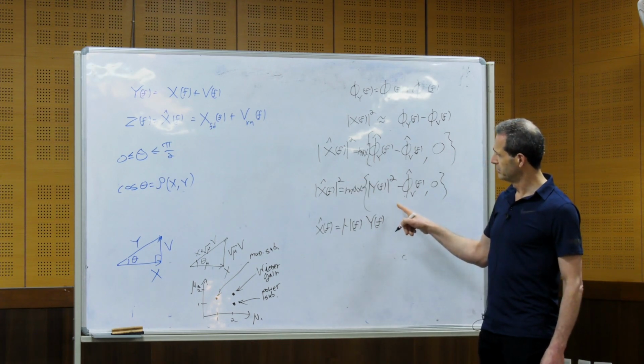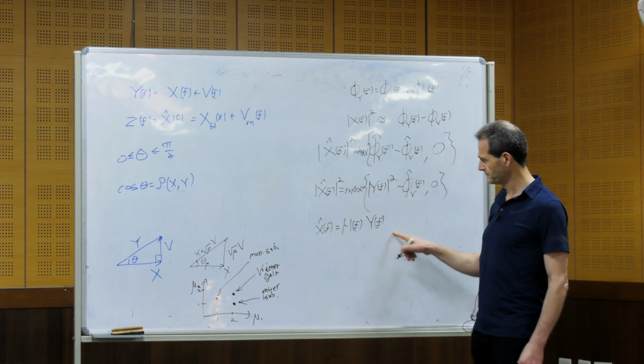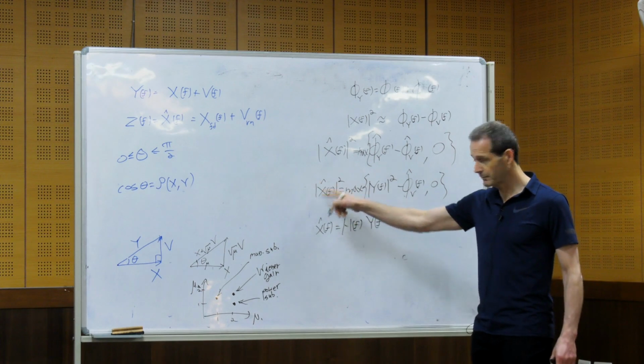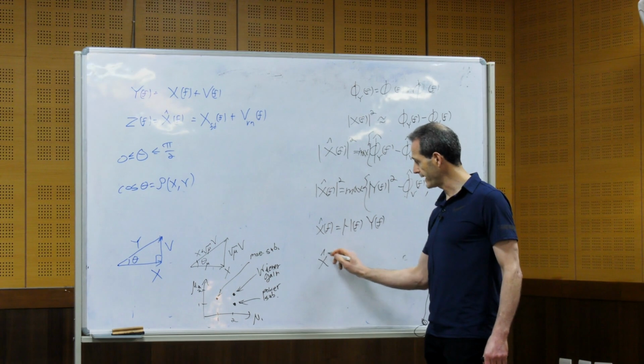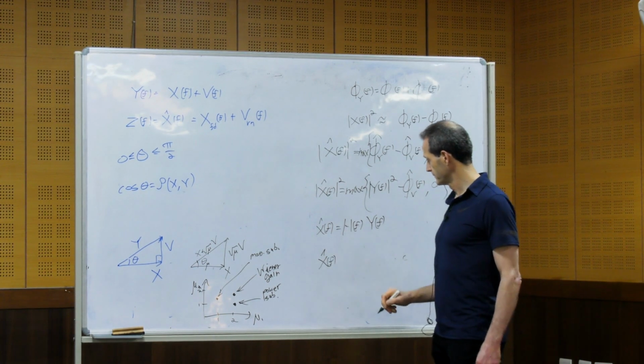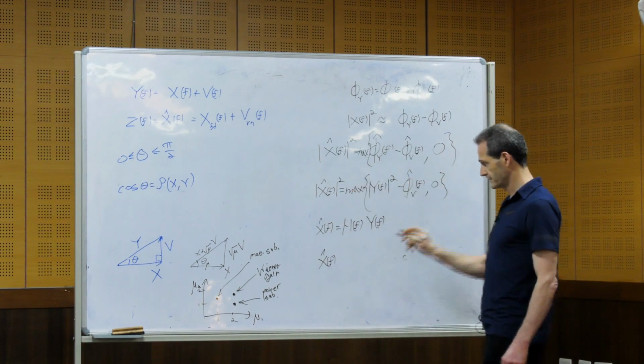So what can I do, how do I find it? Okay? So I need x, not the magnitude. So I can take x hat like this, the square root of this.